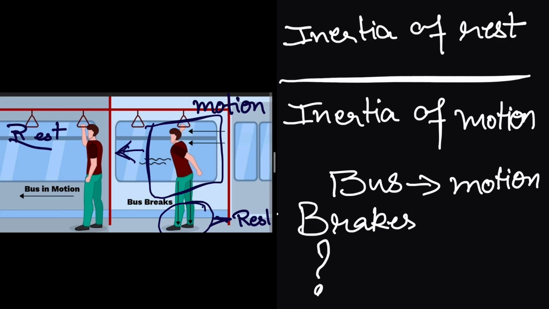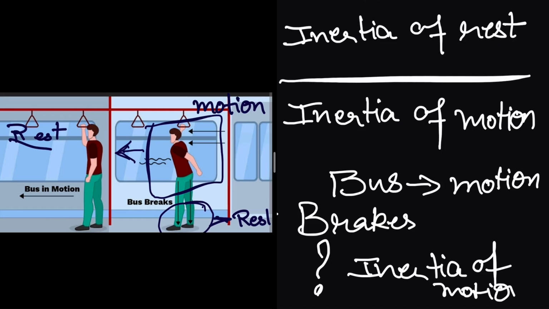Why? The answer is inertia of motion. Because of inertia of motion, the upper part of the passenger's body wants to remain in the state of motion, so it will resist the change in its state. So this is an example of inertia of motion.